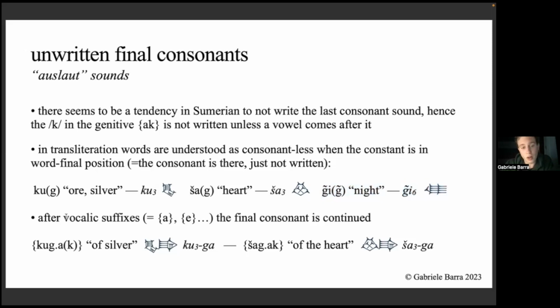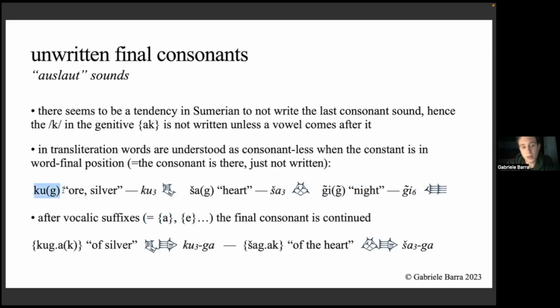Now, you might say, well, how do you know that? Basically, what happens is when you have a case following them, so the word doesn't end in a consonant anymore, then the consonant appears again. So let's say you have a case that ends in a vowel, a or e.